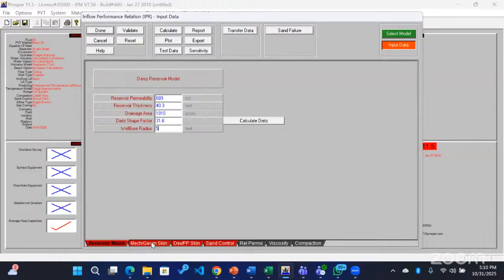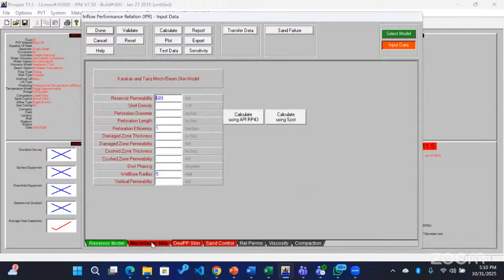The next thing we want to enter is our mechanical geometric skin. So we have our reservoir permeability there already. Then shot density should be around 8 shots per foot. The perforation diameter is 0.45. Then perforation length, let's assume 9.2 inches.